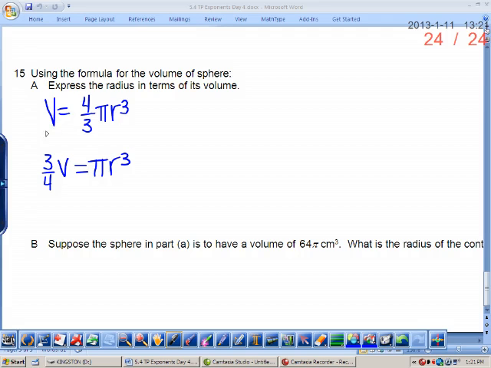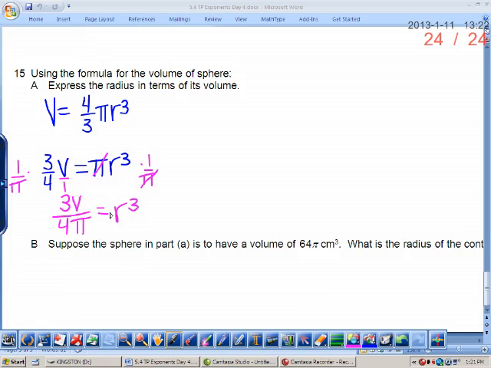What would we do next? Divide by pi. Dividing by pi is the same as what? Good. So could I write this as 3v over 4 pi? Right, because it's like v over 1. So 3v over 4 pi is equal to r cubed.